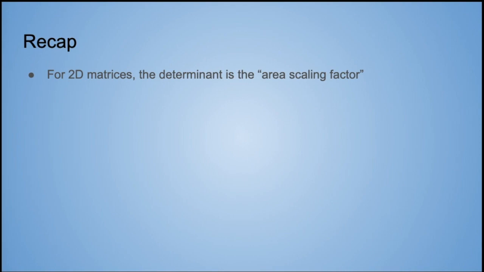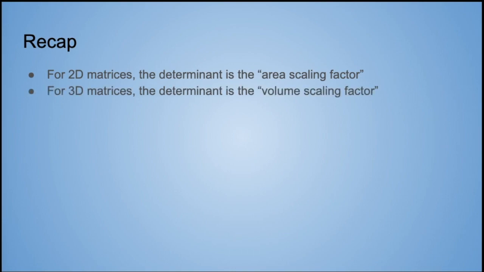Let's just recap the things we've seen so far in the video. For 2D transformation matrices, the determinant is the area scaling factor. If your original object has an area of 10 and the determinant of its transformation matrix is 4, the new area would be 40.